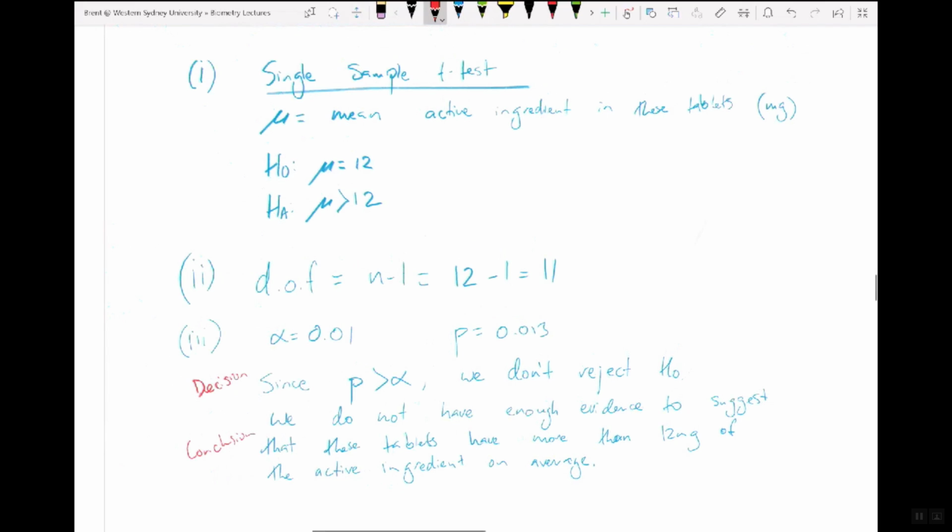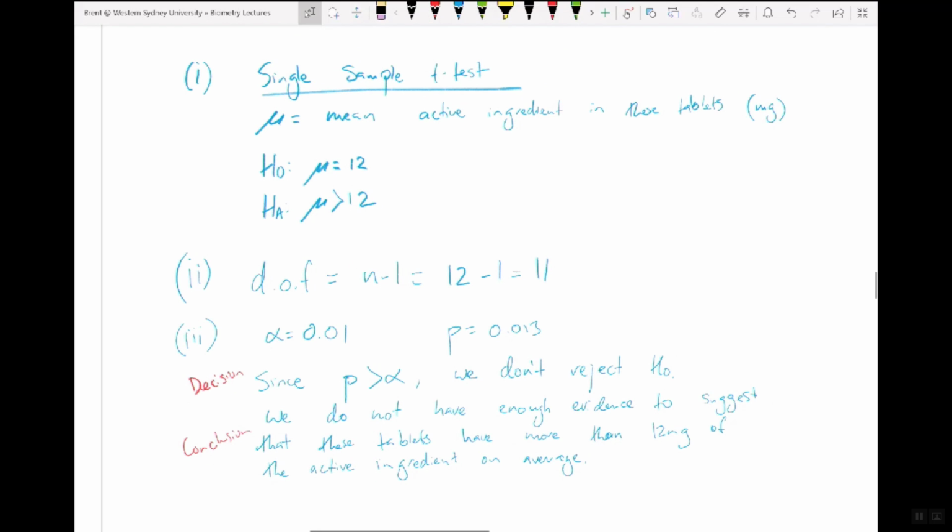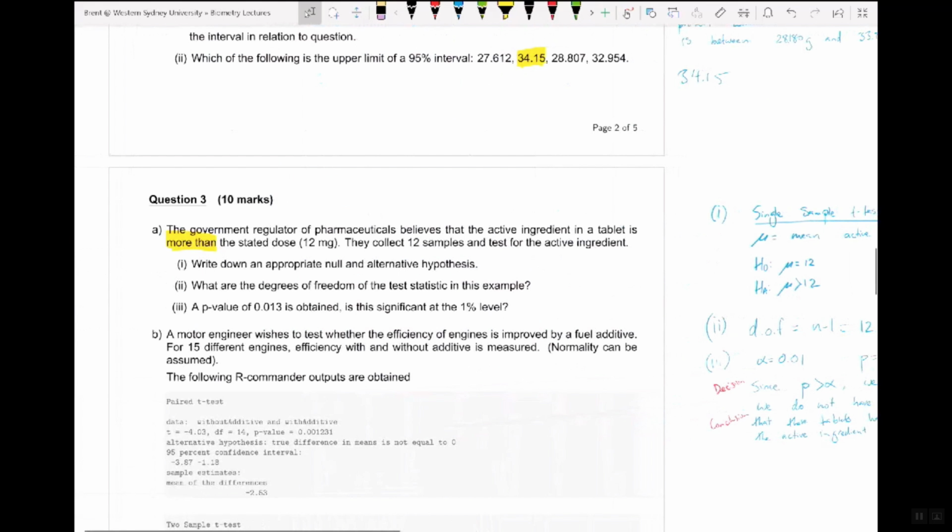So the next one. A motor engineer wishes to test whether the efficiency of engines is improved by a fuel additive. So they take 15 different engines and then measure the efficiency with and without the additive. And they say normality can be assumed because that was one of the assumptions we had when doing a paired t-test.